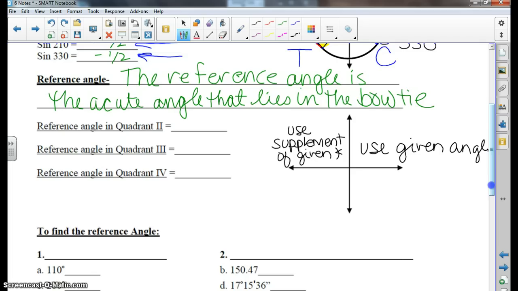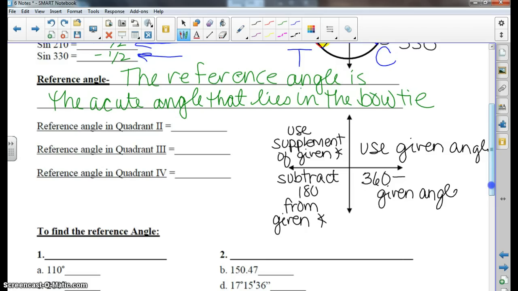In the third quadrant, we'll subtract 180 from the given angle. And in the fourth quadrant, we'll do 360 minus the given angle.